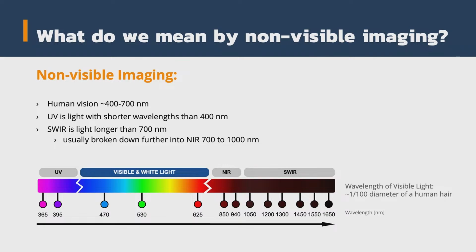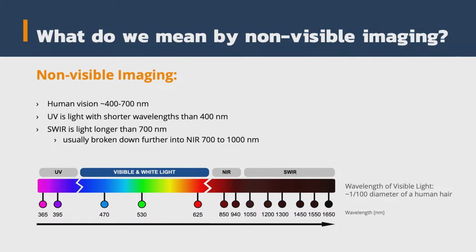So when we say ultraviolet, it's ultraviolet because it's a shorter wavelength than human visible blue-violet at 400 nanometers. And when we say short-wave infrared, it's infrared and it's short-wave infrared because it's wavelengths just longer than what we perceive as human red. Short-wave infrared refers to those closest to the human spectrum.